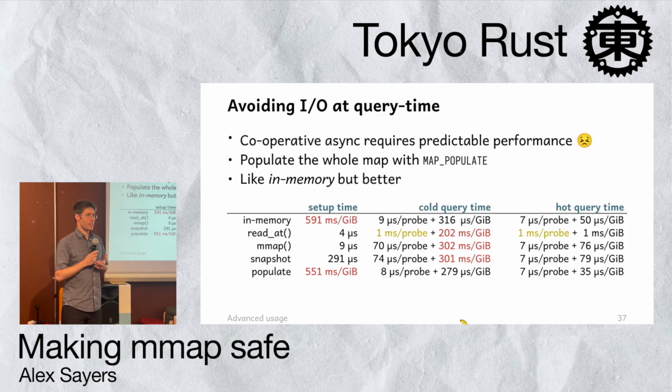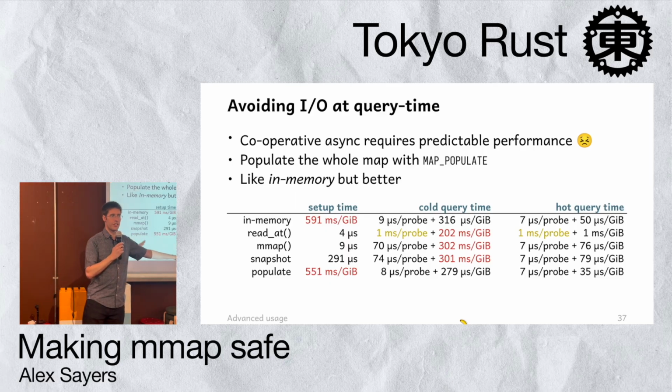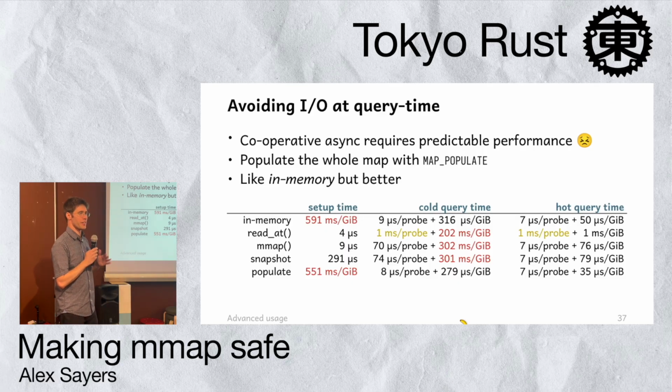And mmap is a great way to accidentally do I/O. So if you want things to be a bit more predictable, you can pass this flag to mmap called map populate. What that does is when you create the mmap, it actually loads the whole file immediately into the page cache, like it blocks. And it also sets up the page table and everything, so that the first time you query, it's all ready to go and fast. It's not going to do any I/O.